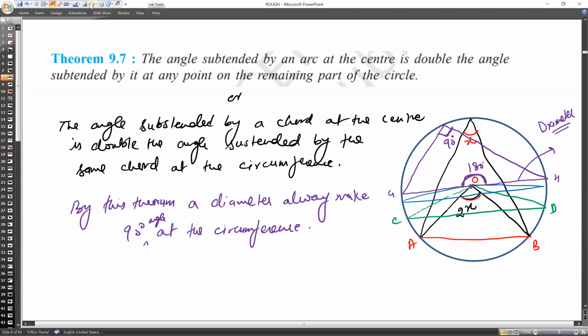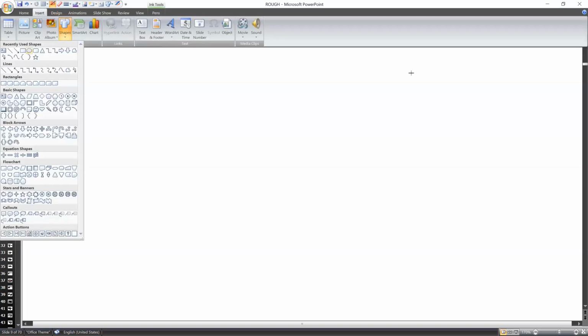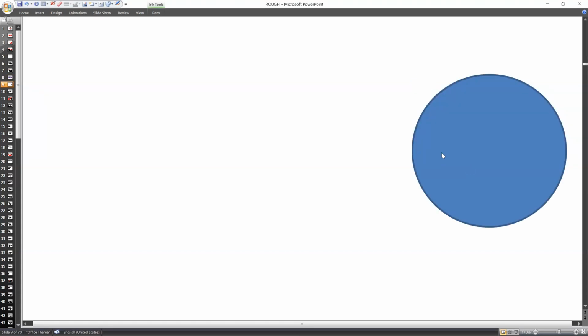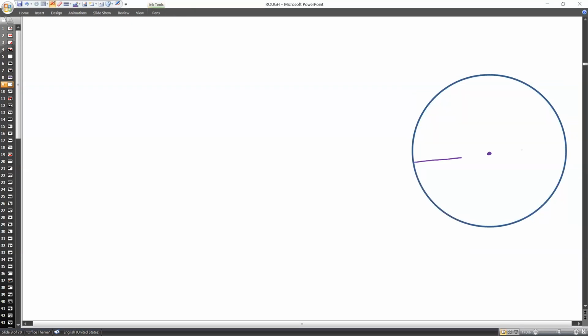Let me explain this one more time. Let's suppose we have any chord, and if it is the diameter of the circle, then it will always make 90 degrees at the circumference.